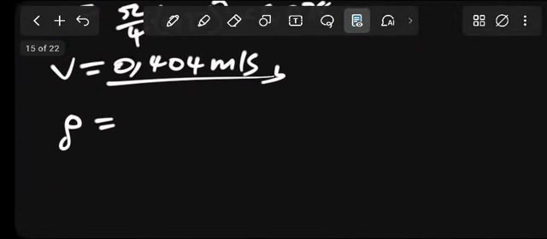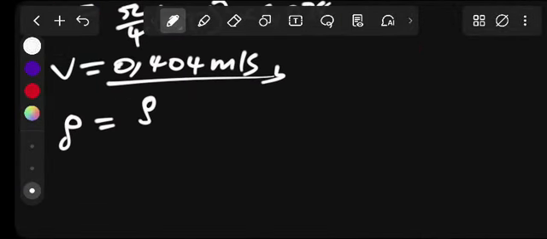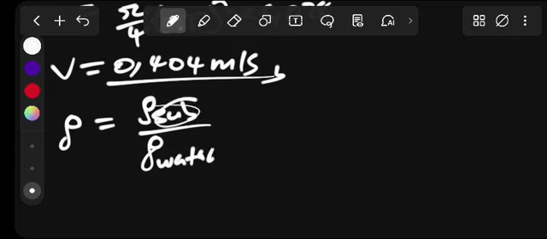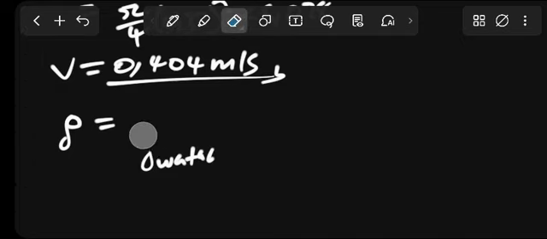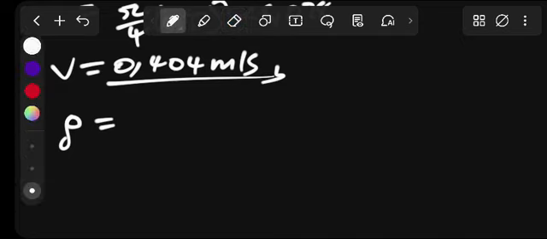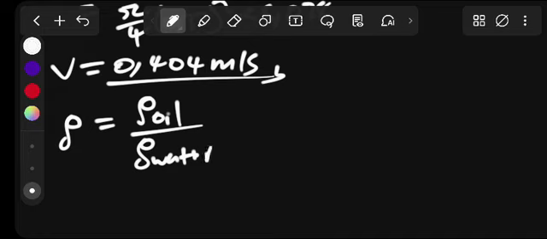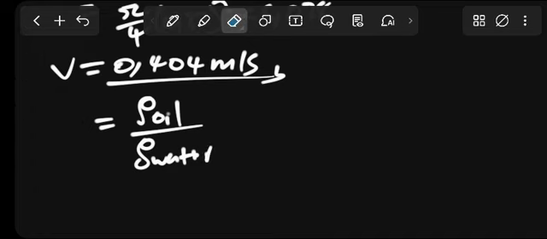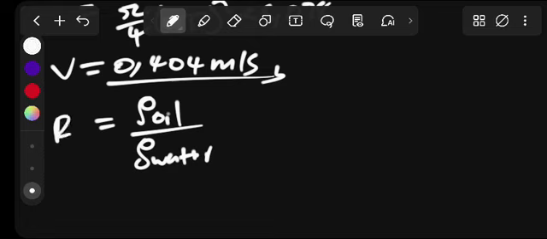So we know relative density is equal to the density of the substance divided by the density of water. But now the substance is oil. So I can rewrite this formula: the density of oil divided by the density of water.